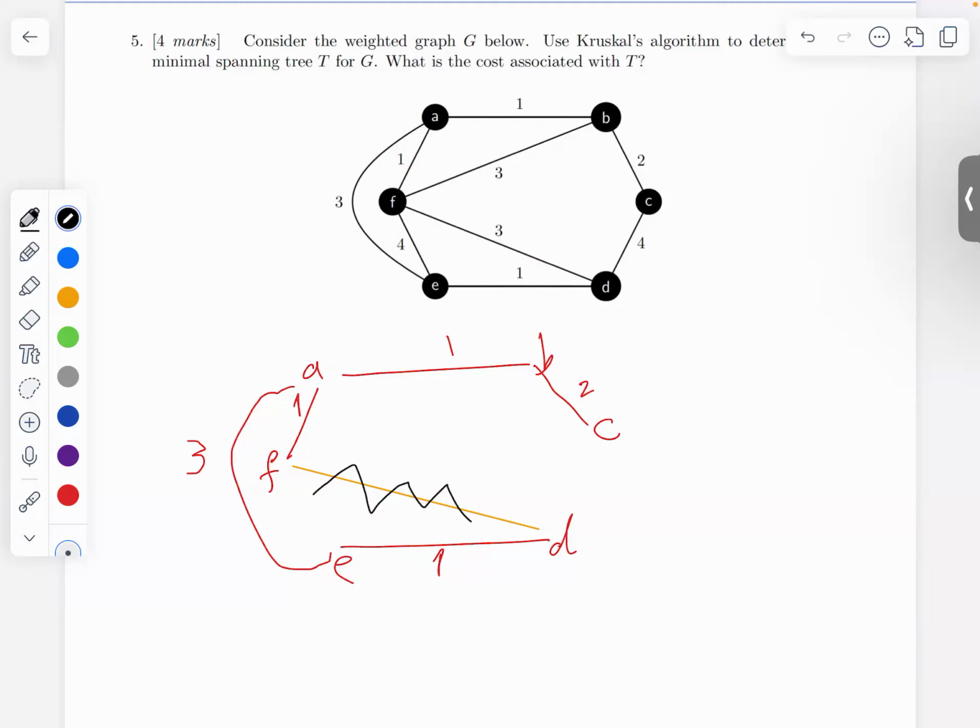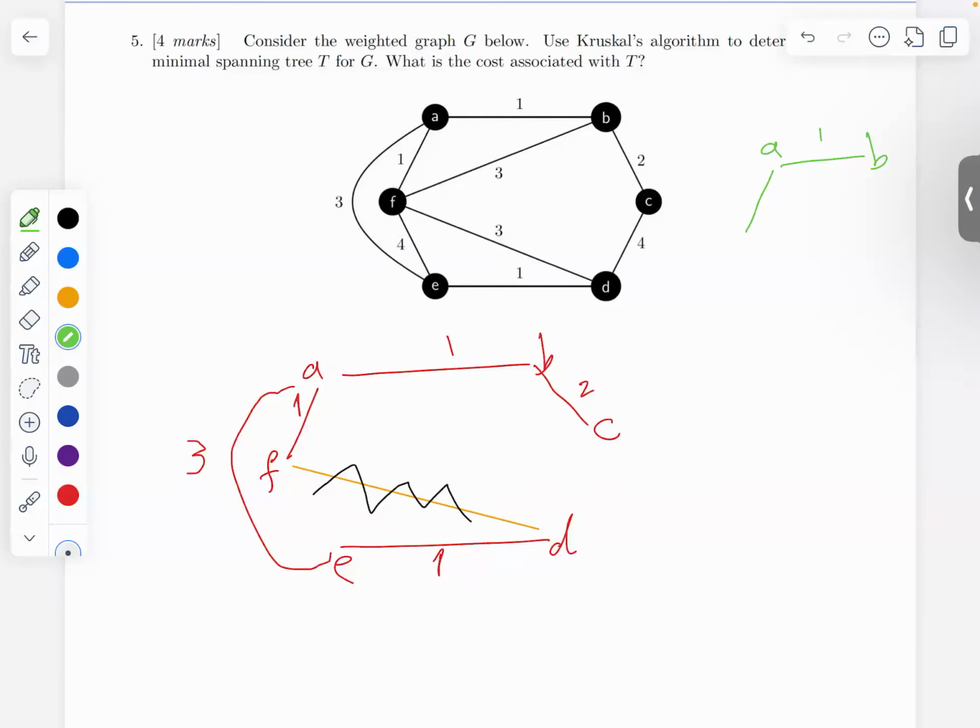For Prim's algorithm, we choose just one vertex. I will start with A, adjacent.